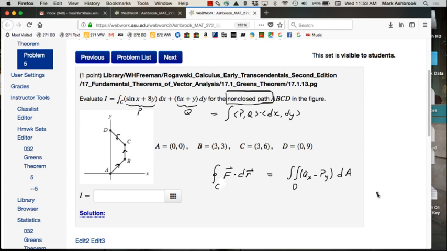So here's Green's theorem. Is the path they're asking us to find the line integral for a simple closed loop? No. So how is it that we can use Green's theorem? Don't answer, just think about it. What would be a simple closed loop if we also returned down AD?